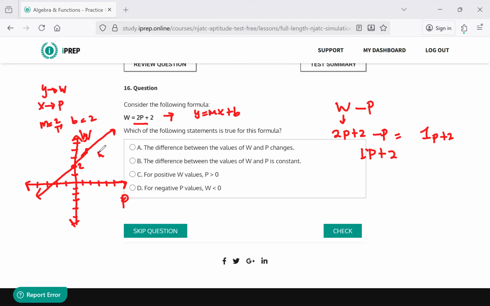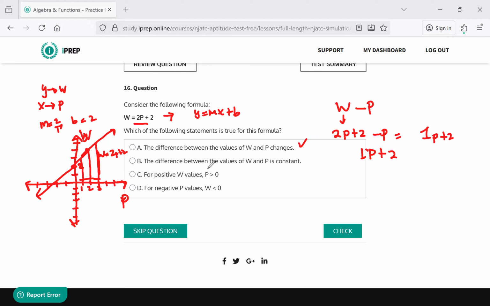So this is W equals 2P plus 2. The difference between the values of W and P changes. Yes, as you can see, as P changes, the y value changes, right? If P was 1, it would be somewhere here, and if P is 2, the W is this value. If P is 3, the W is a different value. So they change. That's why it's true.